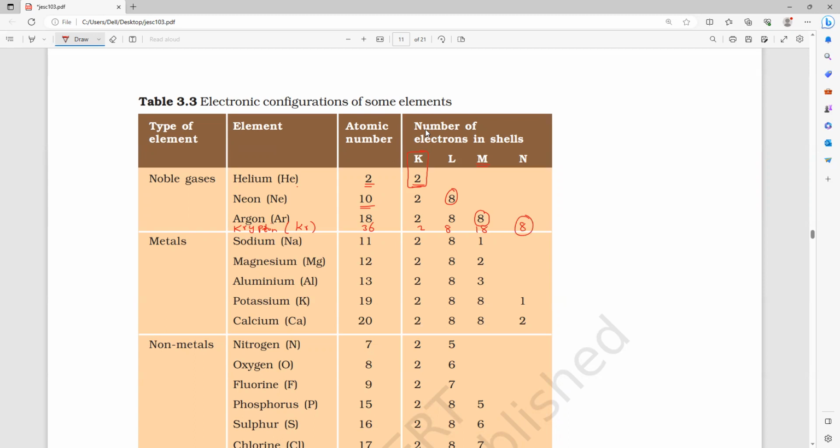So its valence electrons are also 8. Does it become stable or not? So in all the noble gases, how many electrons are in the valence shell? 8 electrons, except helium. Helium alone has one shell, and that shell itself is the valence shell, the K shell. Okay. Next, sodium, 11.